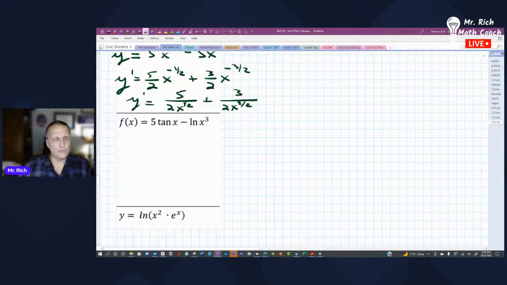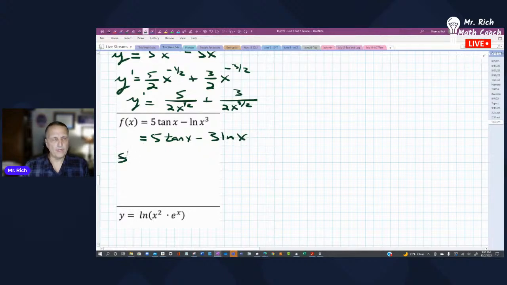The next one, I am going to do a little bit with this, right? Because the only thing that we've learned so far is really what is the derivative of the natural log of x, not natural log of x to a power. So I'm going to move that 3 out to the front using the power rule of logarithms. So I'm going to rewrite my f of x as 5 times tangent of x minus 3 times the natural log of x.